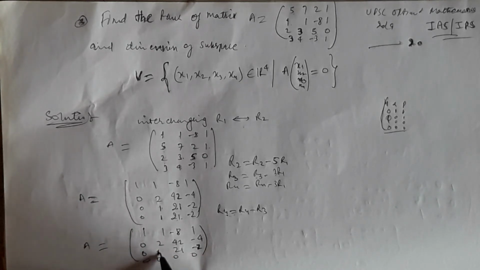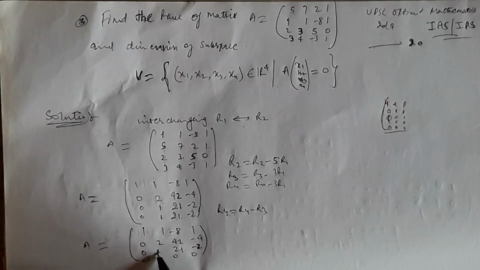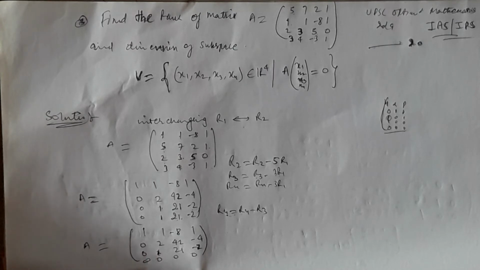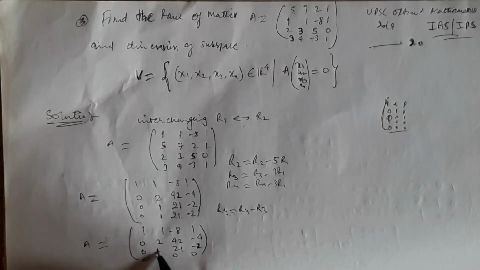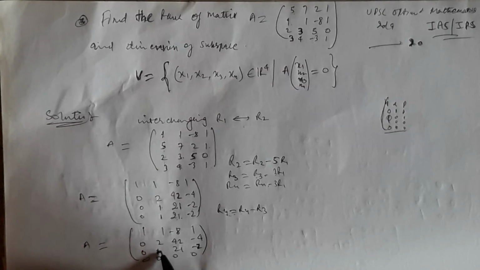If I multiply row 3 by 2, I will get the same as row 2. If I multiply row 3 by 2, then rows 2 and 3 will be the same.